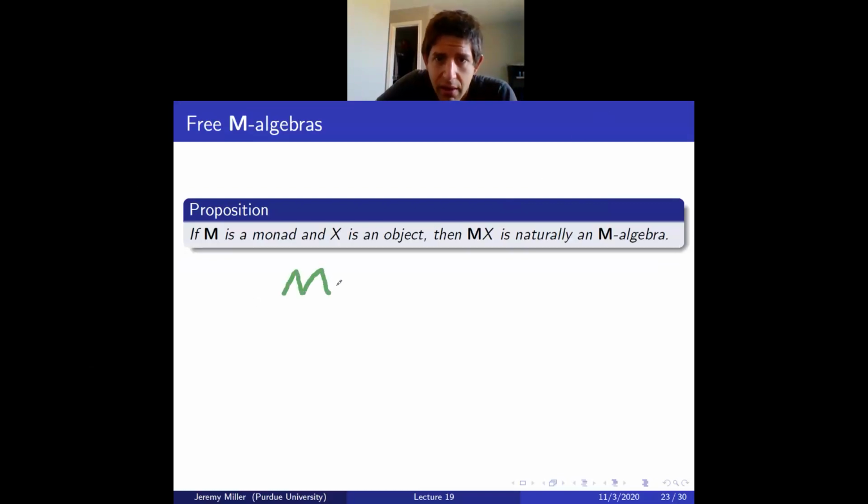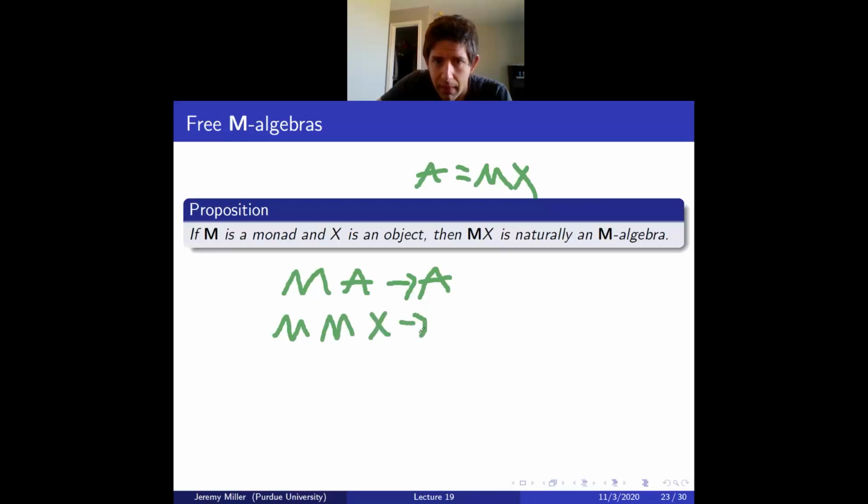Well, if A is MX, we need a map from MA to A. But that's exactly a map from M of MX into MX. And because M is a monad, we can just merge these two factors. Any questions?